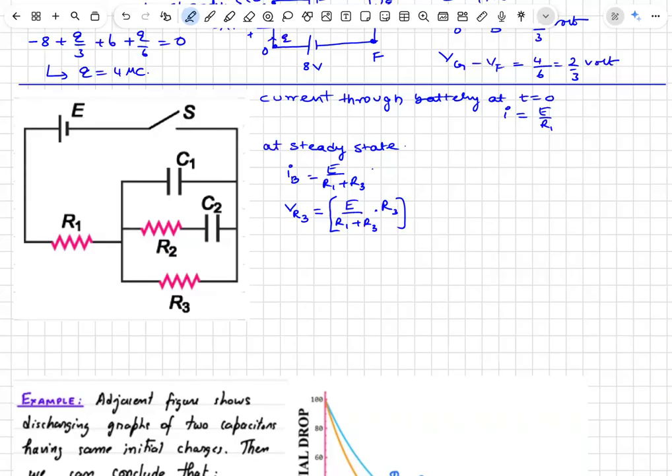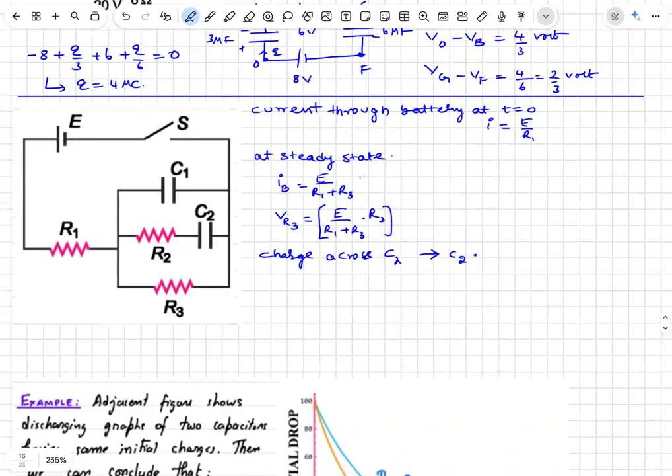What is the charge across C2? C2 into VR3. Correct. Q is equal to C times V. Why?